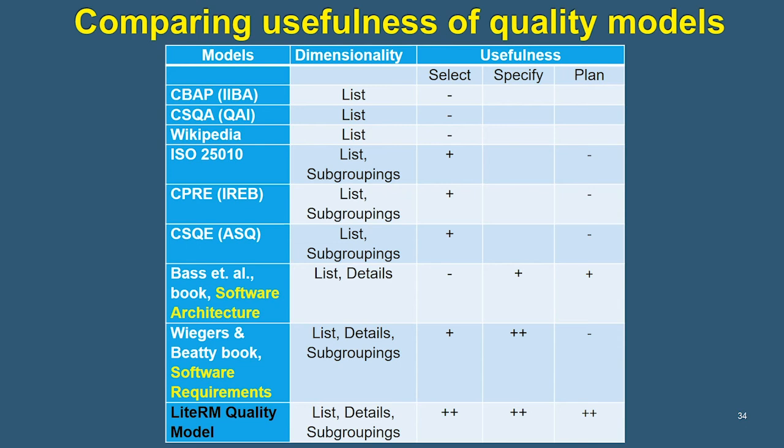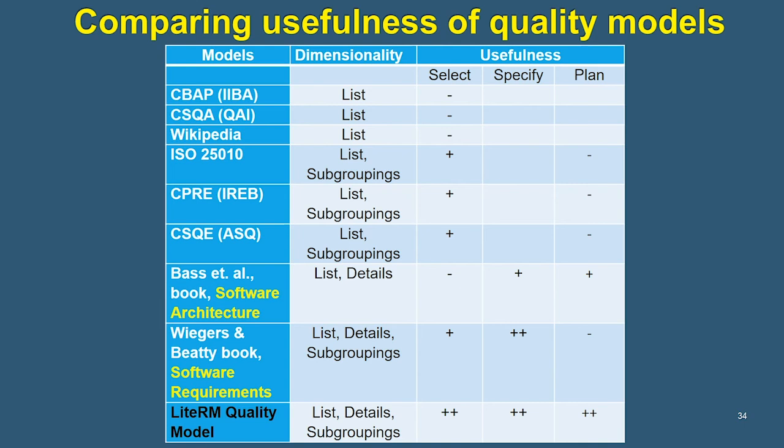Okay, so here is the comparison slide, right? You saw that there were 4 different organizations. We got a list in Wikipedia. We got ISO 25010. We have the Bass book on architecture. We got Wiegers and Beatty's book on requirements.